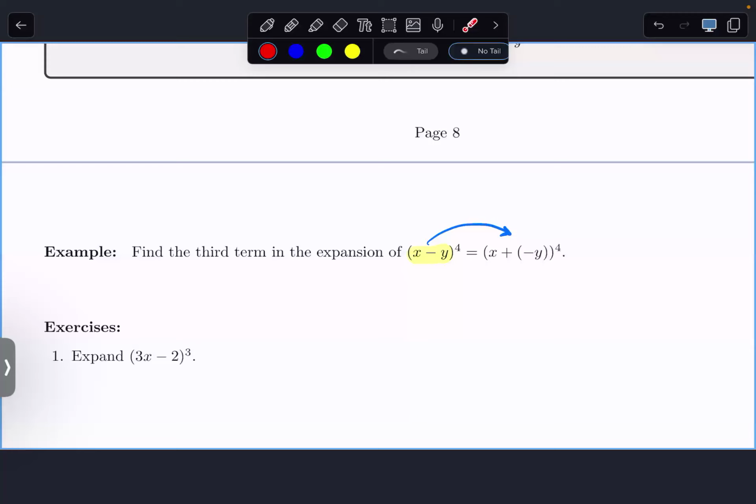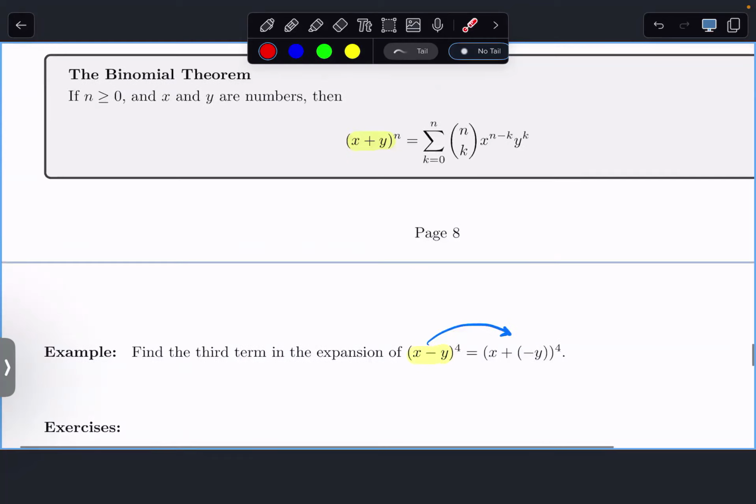We're just getting started, right? The third term, we could jump right to it. What's k for the third term? K starts at 0, so the third term would be 0, 1, 2.